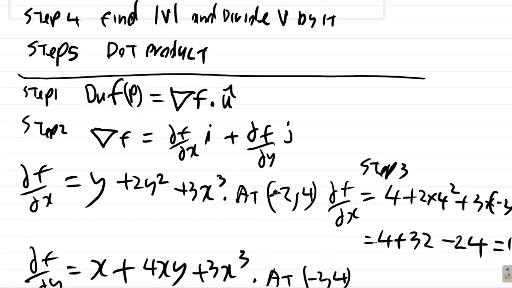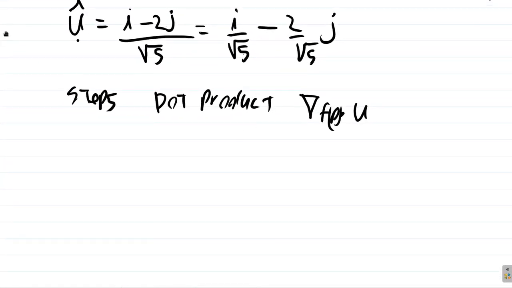Alright, remember D_u f of p is the symbol we're using. The directional derivative in the direction of the unit vector, of the function at the given point p. Remember what this means, alright?